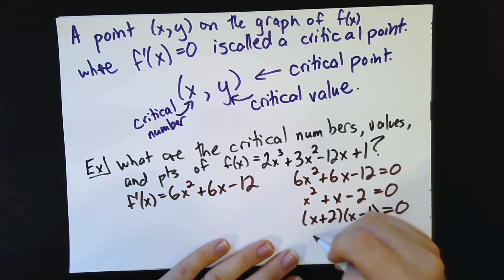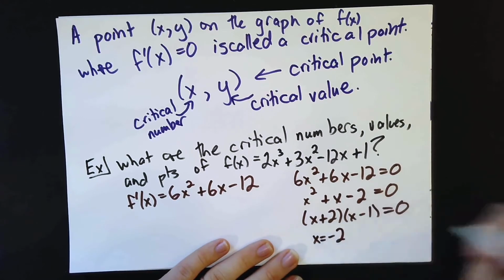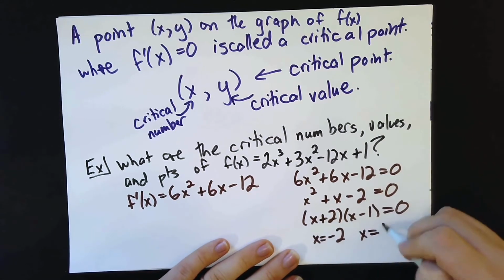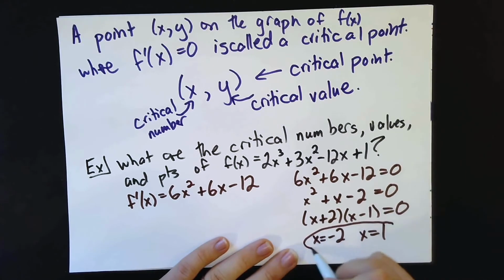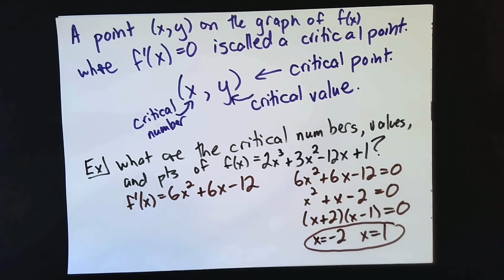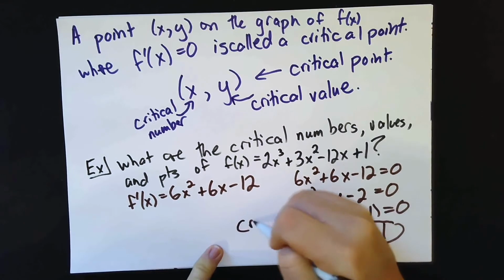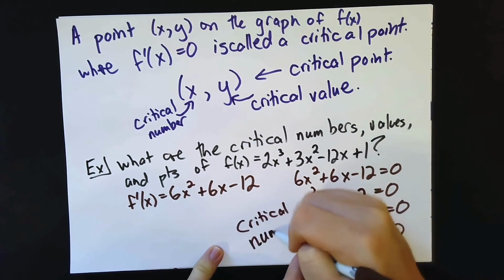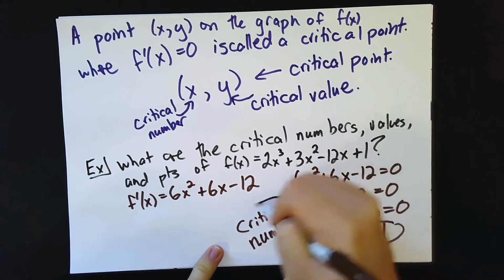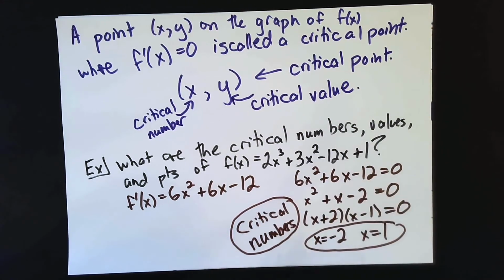And that will give me two things, x equals minus 2 and x equals plus 1. These x's, the inputs where the derivative is 0, these are what we call the critical numbers. So when I talk about finding the critical numbers, all I'm saying is take the derivative, set it equal to 0, and solve that list of x's that you get.